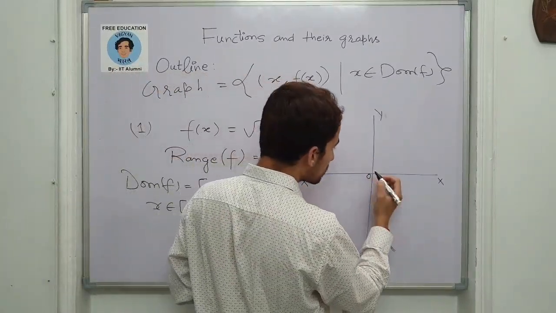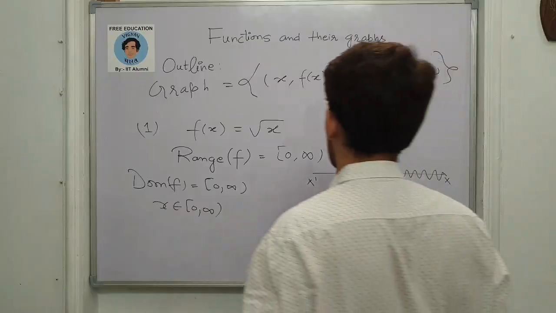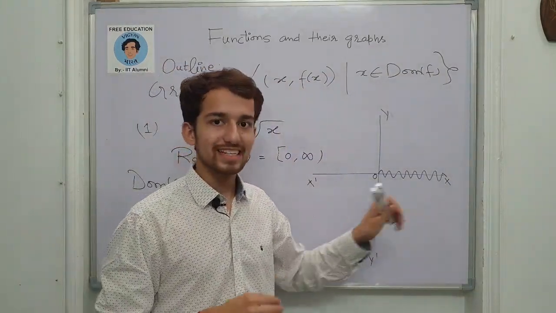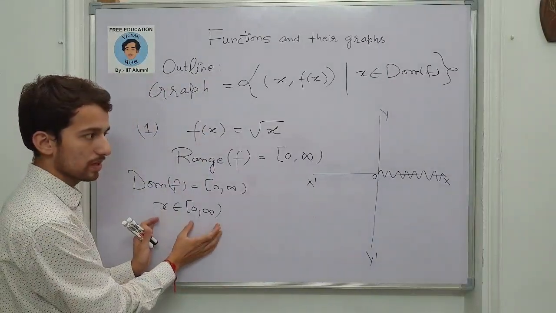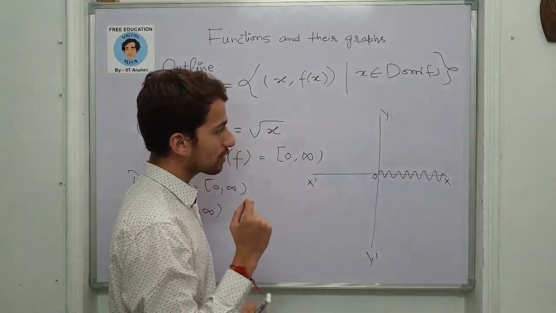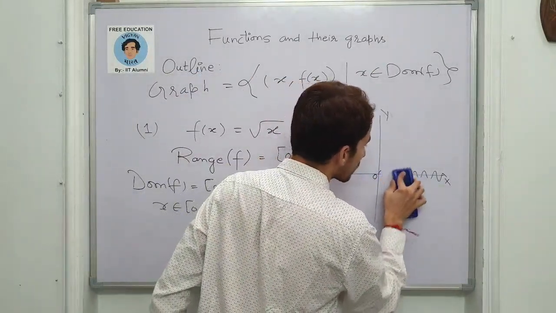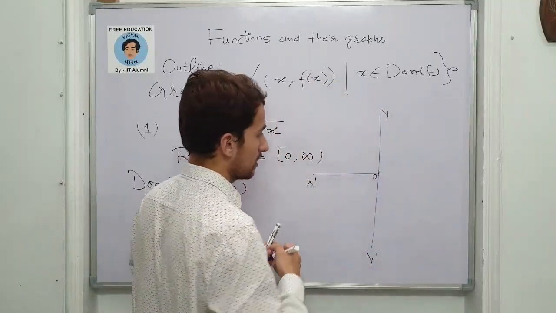These are all the possible values of x which we can give as an input, because we have already understood its domain is this. Now we'll try to identify some of these inputs and the corresponding outputs, and finally we're going to sketch this graph.